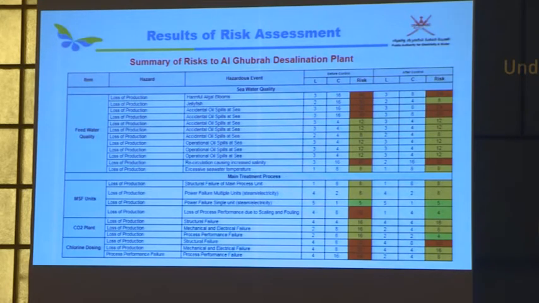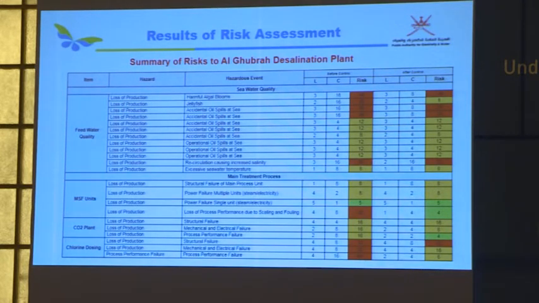From that, we come to the result of the risk assessment. This is a summary, because there is another table which I cannot present here. I bring the summary of the risk to Al-Jabri desalination plant, one of the main desalination plants supplying water to the capital area, Muscat. We can see here L and C, likelihood and consequence, applied together. Three times 16 gives a risk of about 48.